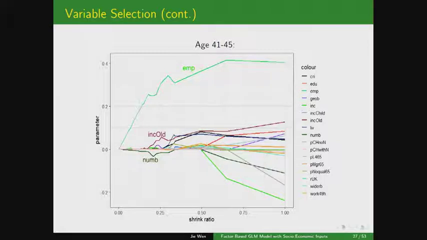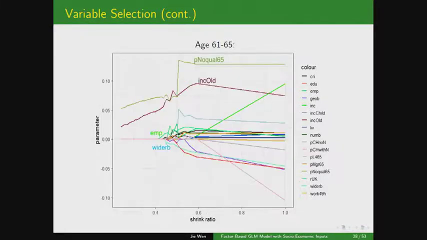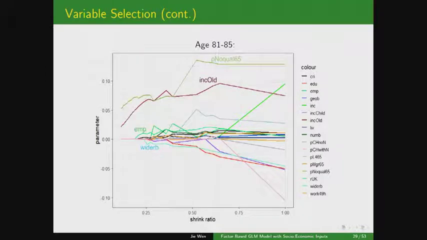Then if we look at age 61 to 65, we see a similar pattern but different outstanding variables. We see the proportion of population without qualification above age 65, the income old score, wider barriers, and the employment score. And then if we look at age 81 to 85, we see the same four variables highlighted here.